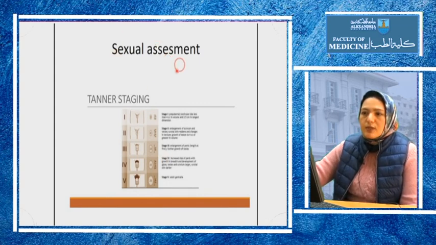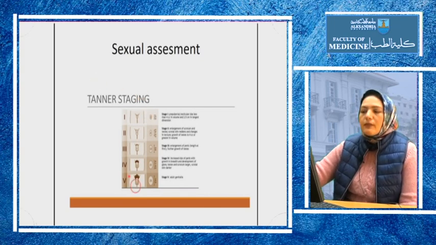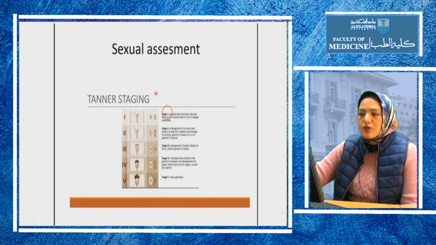The sexual assessment of the child will include assessment of the secondary sexual characters in both boys and girls to identify the pubertal stage of this child. We classify the pubertal stages into five main categories.